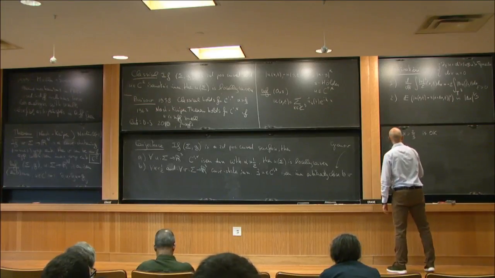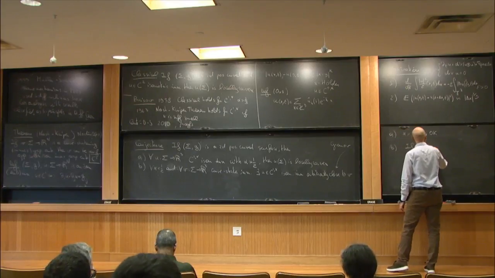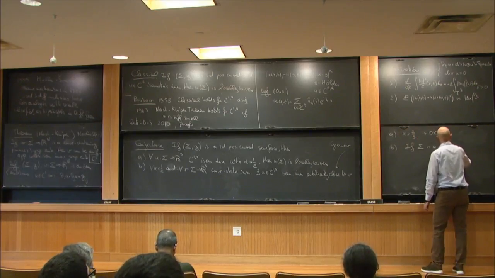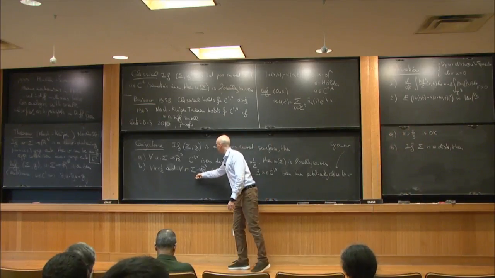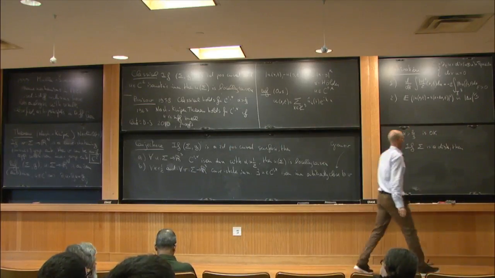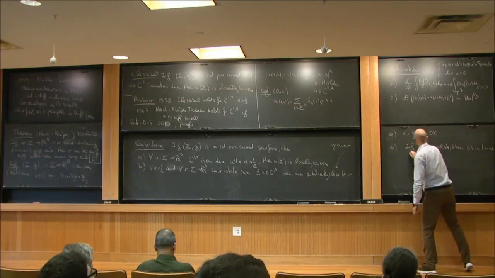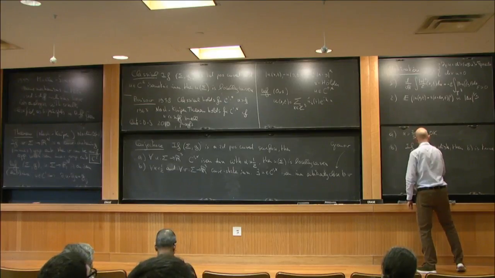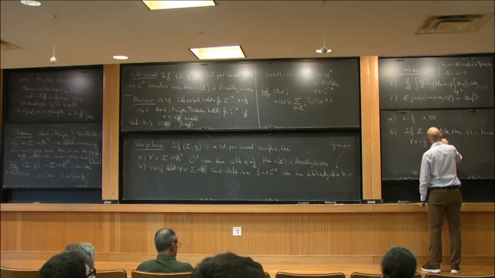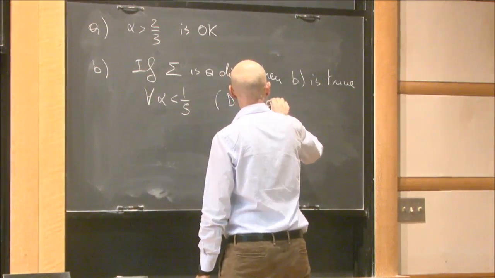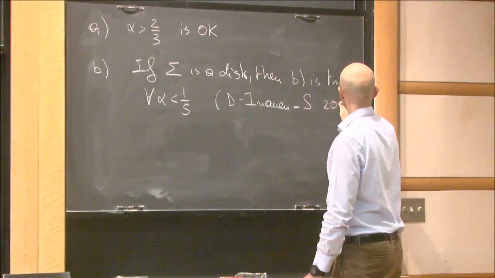So for B, the best that we can do is that if Σ is a disk, then B is true for every α less than 1/5. This is a joint work of myself, a PhD student of mine, Dominik Inauen, and Laszlo, back in 2015.